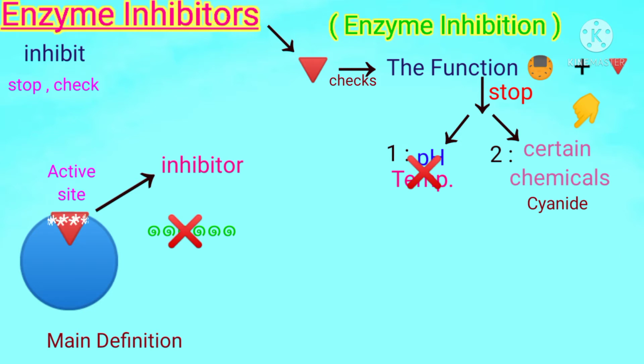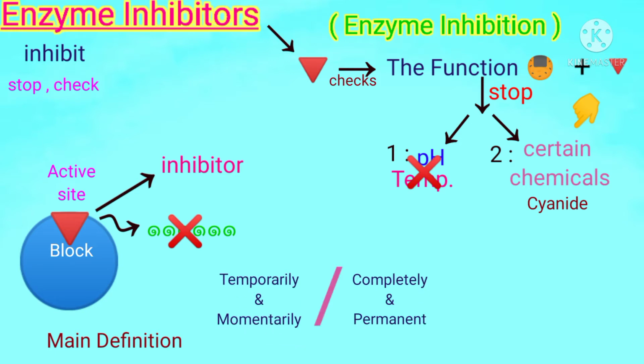Then this inhibitor will not be transformed into product because this inhibitor comes only to block the enzyme's active site to stop its function. Students, an enzyme inhibitor can block the active site temporarily and momentarily or completely and permanently.